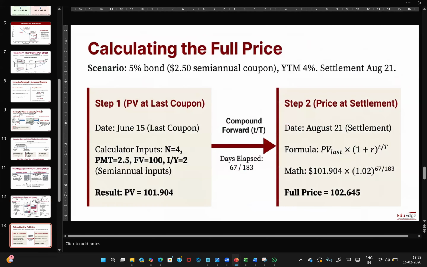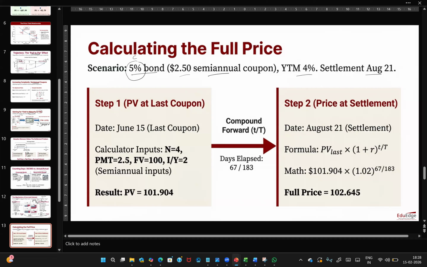Okay. So what do you need to do? Suppose you're given a problem like, we have a 5% bond. What is a 5% bond? It means this is your coupon rate. And you're given semi-annual, which means it becomes a $2.5 coupon. Par is 100. YTM says 4%, and your settlement is 4th of August.